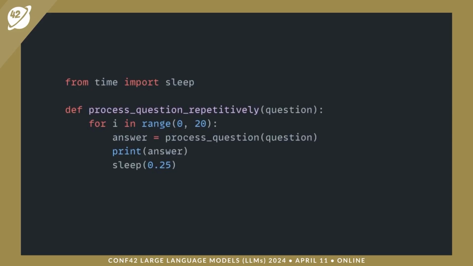Again, this is just proof of concept code, and you can change this depending on how you would like the process question repetitively function to behave. But you get the point that you will have to try the same attack or scenario multiple times before proving or disproving that your LLM is vulnerable to a certain risk or threat.